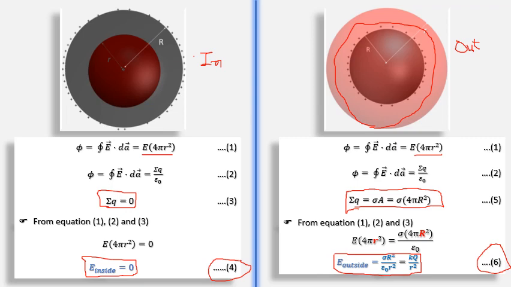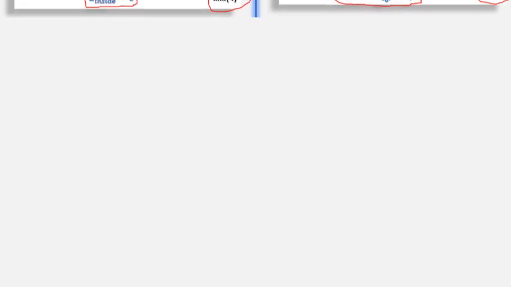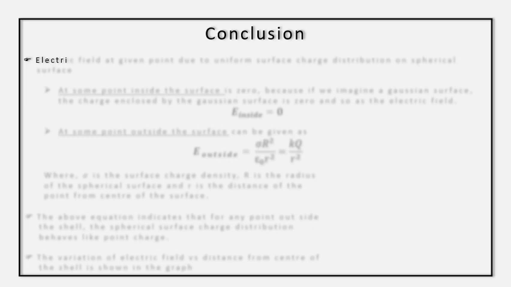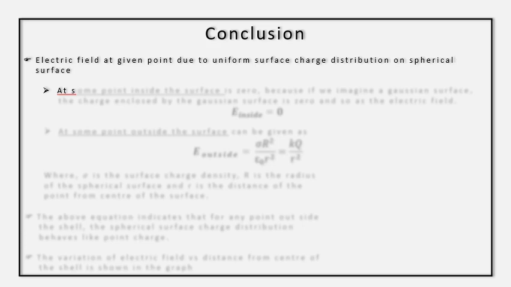So that was the topic. Let us conclude now. So now we can say that the electric field at a given point due to a uniform surface charge distribution on a spherical surface, at some point inside the surface, is 0.